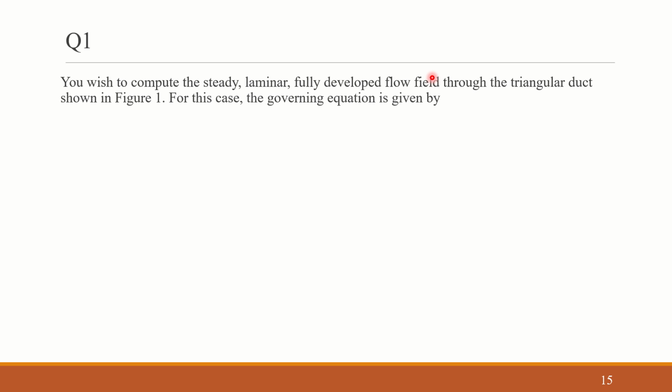A few statements are given. First one, del dot del w equal to 0; second one, del dot del u equal to constant; and third one, del dot del u equal to minus mu delta p.